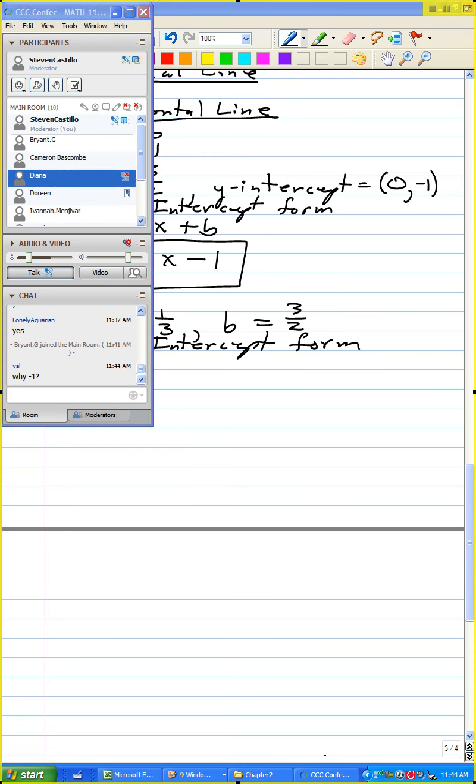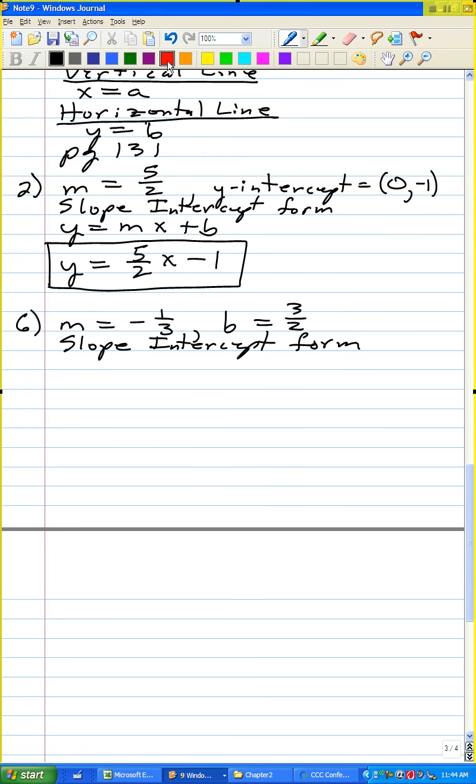Because the y-coordinate of the y-intercept is b, then b here is -3 halves. So the slope-intercept form is y equals mx plus b.